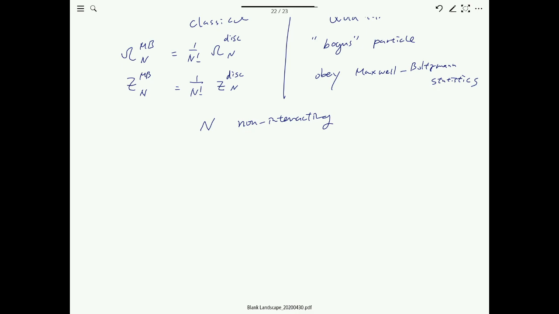Okay, so maybe we should come back to this quantum Maxwell-Boltzmann distribution later.